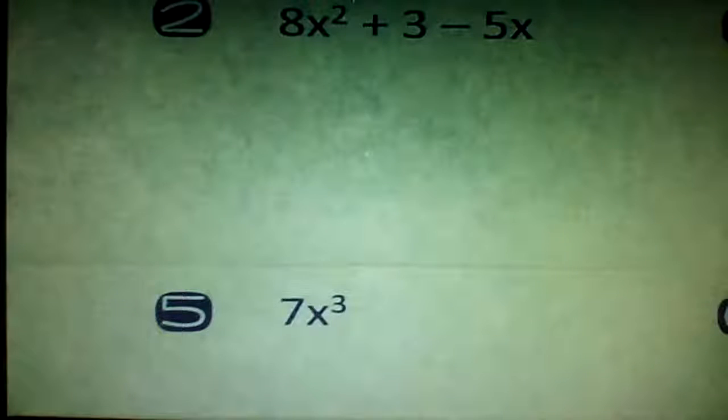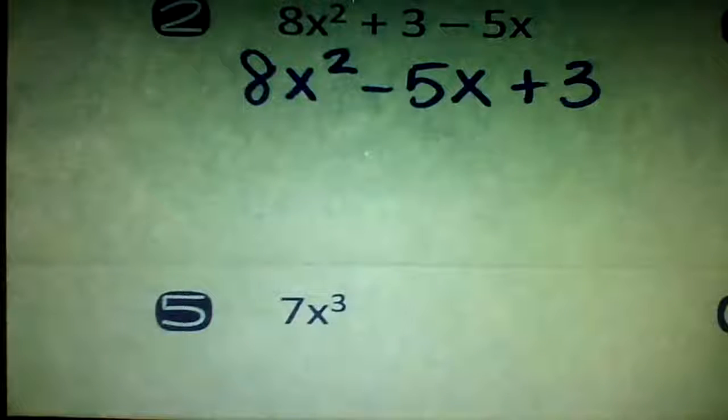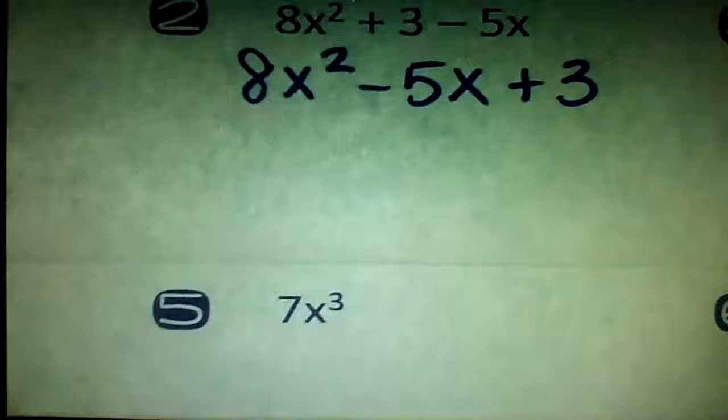Number 2. What term should come first? 8x. Negative 5x plus 3. So if I'm labeling by degree, this is a what kind of function? It is a trinomial.